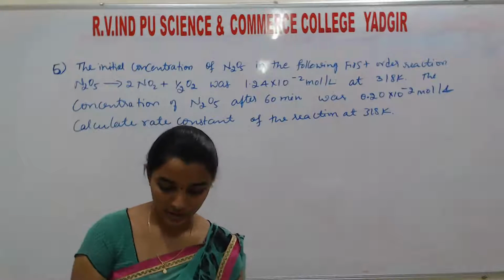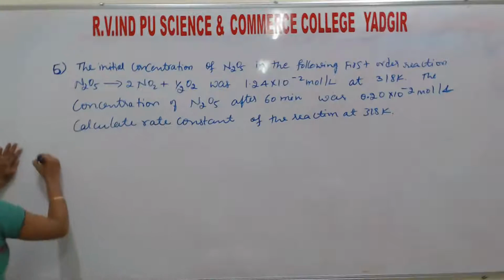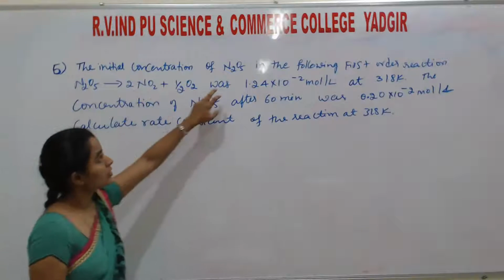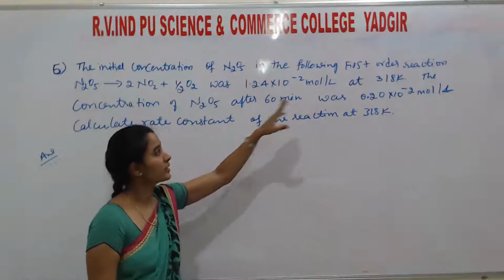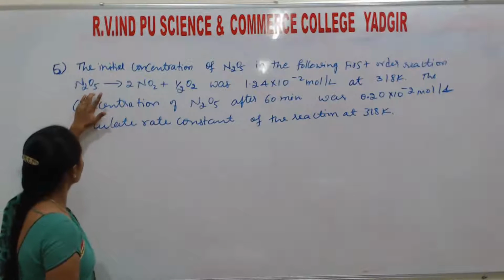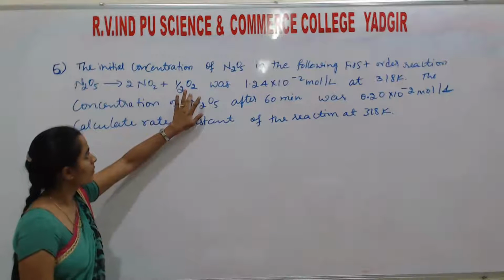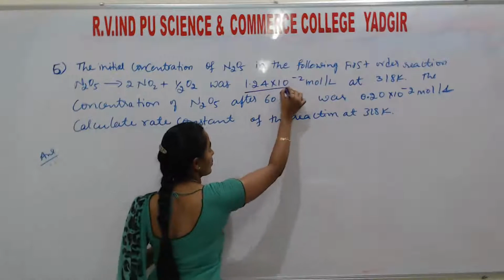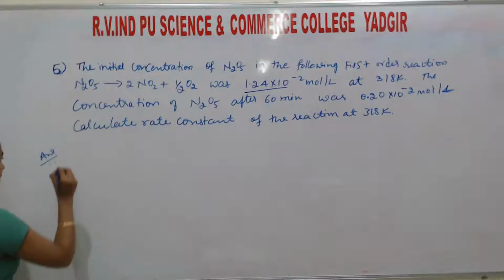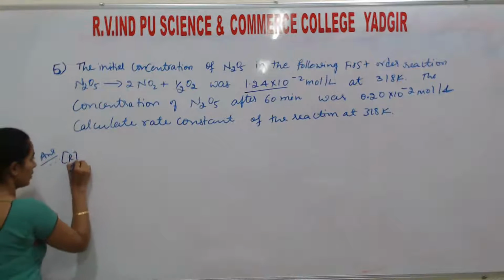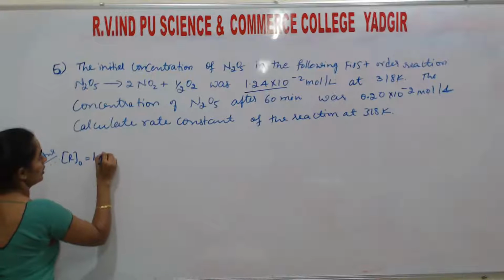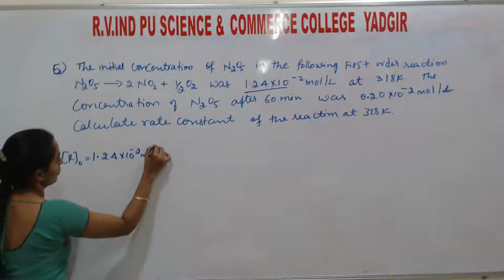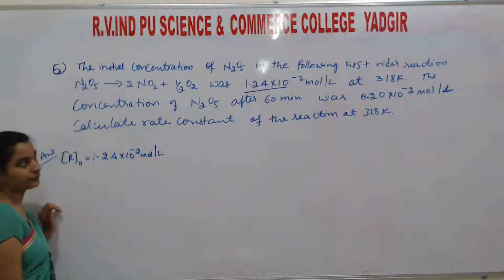Students, in this, the given values are: the initial concentration of N2O5 in the following first order reaction, N2O5 gives 2NO2 plus O2, was 1.24 into 10 to the power of minus 2 mole per meter.